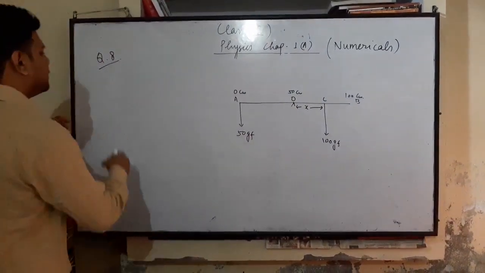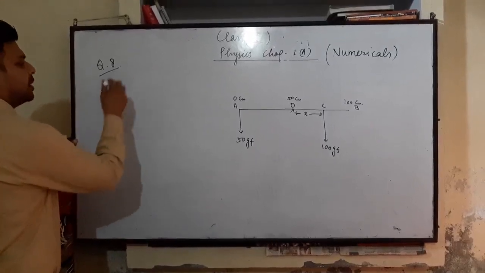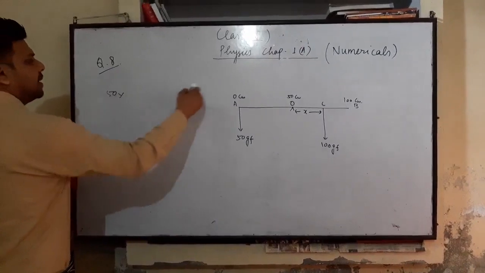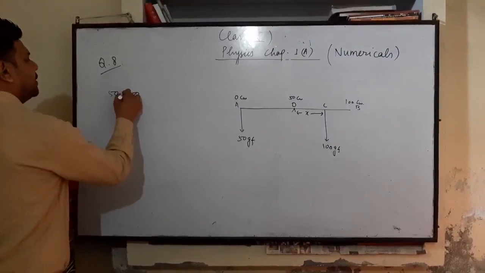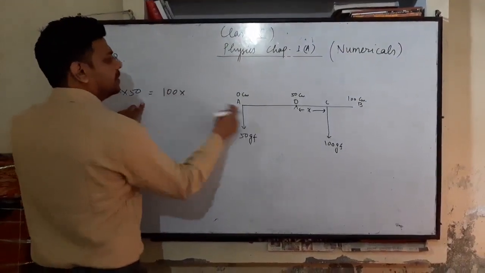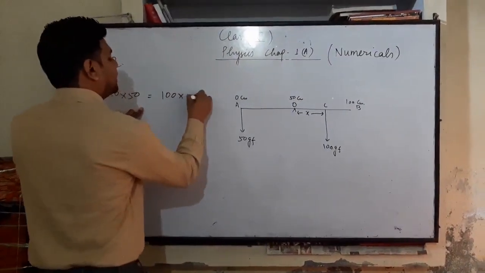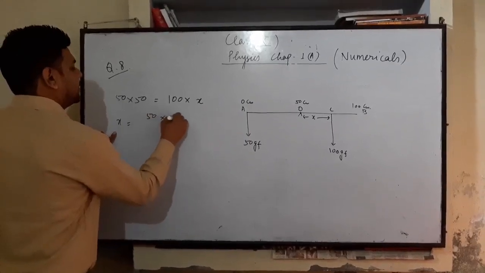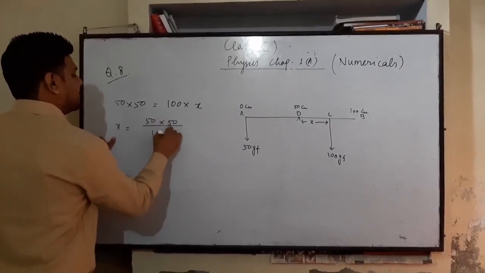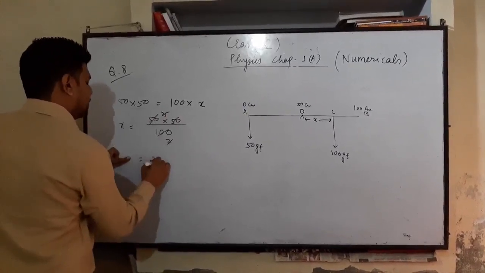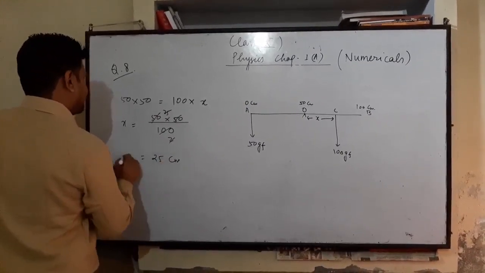So from the principle of moments, anti-clockwise moment, 50 into AO, 50, is equal to 100 into this x. x is equal to 50 into 50 upon 100. The required distance is 25 centimeter.